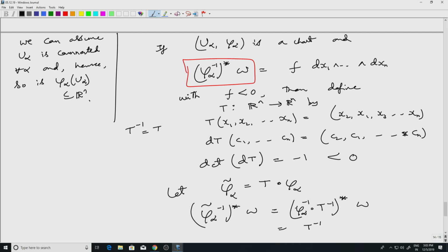So I need not continue to write T inverse, but let's write T, composed with T upper star, composed with phi alpha inverse upper star omega.